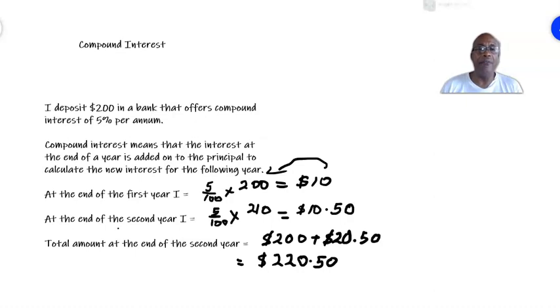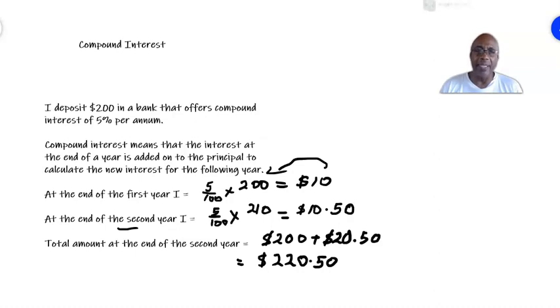And so now we can find the interest at the end of the second year by multiplying the same rate, 5%, but this time by the new principal, $210. When we multiply that, we're going to get $10.50. That is the interest at the end of the second year.